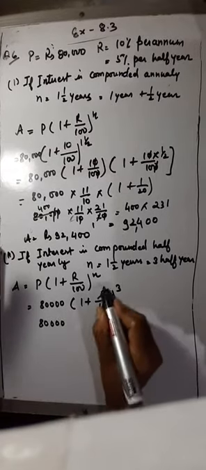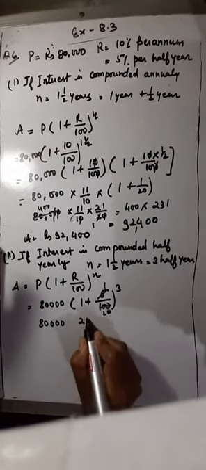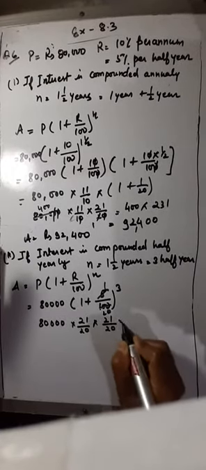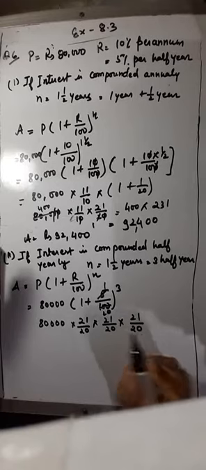That means 80,000, 5 ones are 5, 5 20s are 100, 21 by 20 into 21 by 20 into 21 by 20.